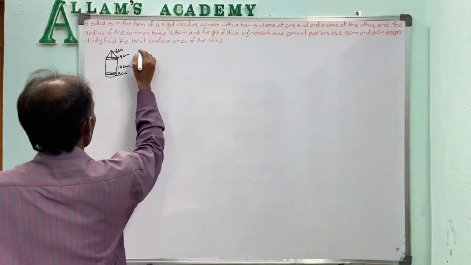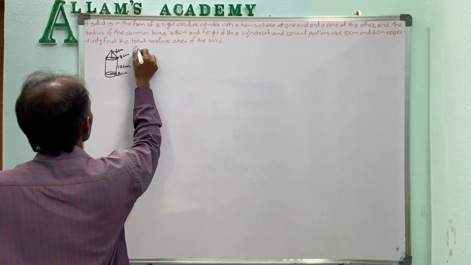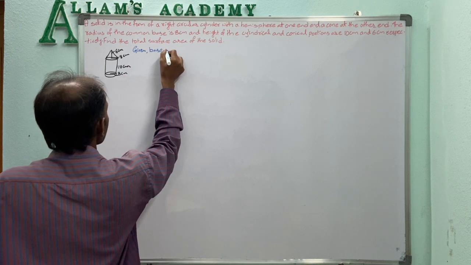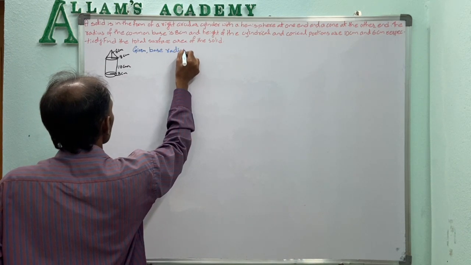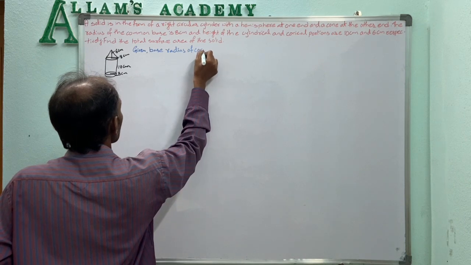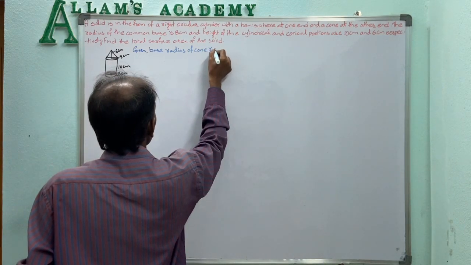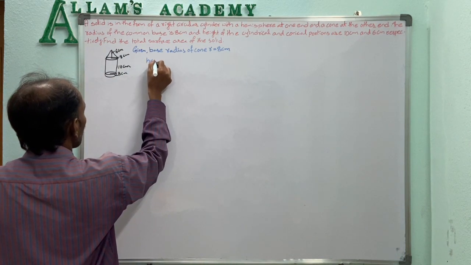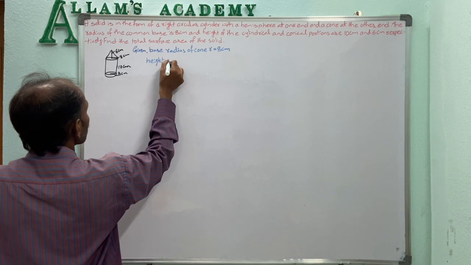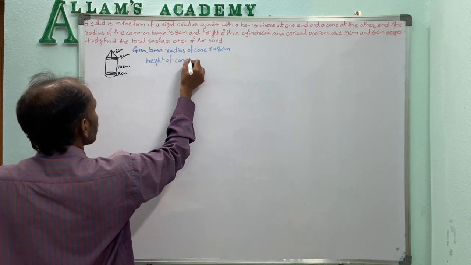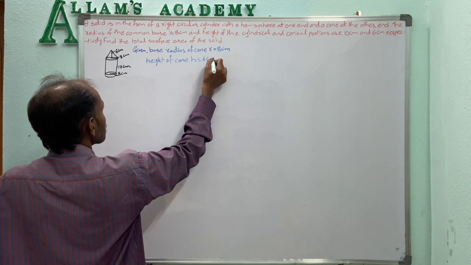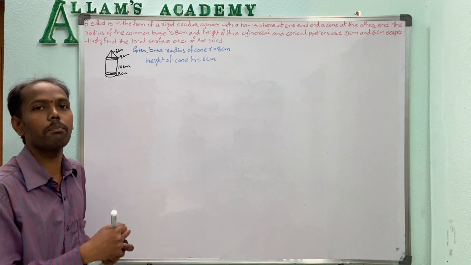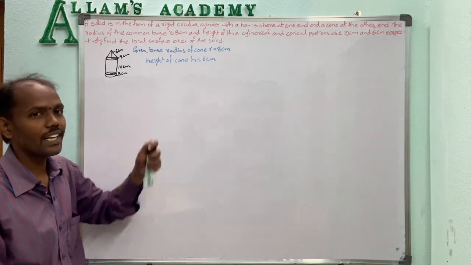Given base radius of cone r equal to 8 centimeters and height of cone h equal to 6 centimeters. The curved surface area of a cone is pi r l, so we have to find the L value.